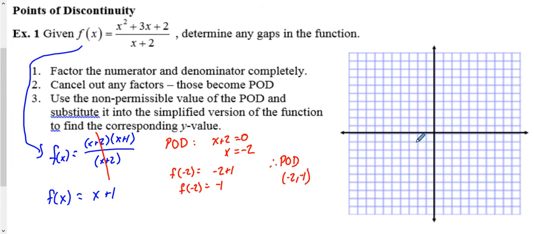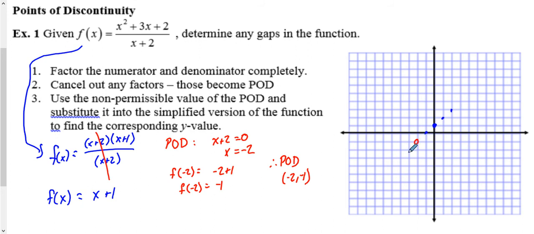At negative 2, negative 1, I'm going to draw a circle right there, denoting that that's a coordinate that does not exist. And then I'm just going to graph the rest of this function. At y equals 1, I'm going to have a coordinate there. If I go up 1, right 1, I'm going to build a few coordinate dots that way, down 1, right 1.